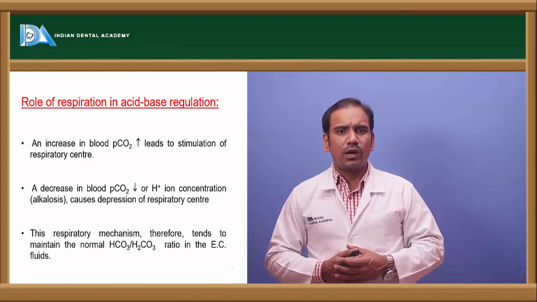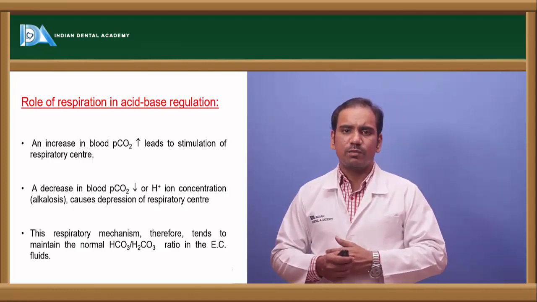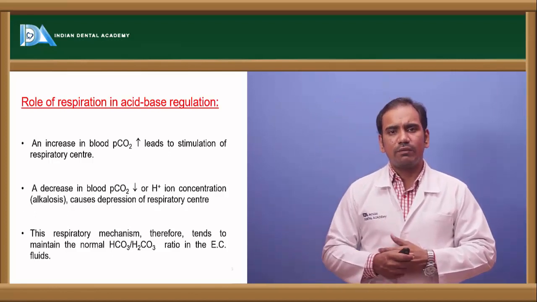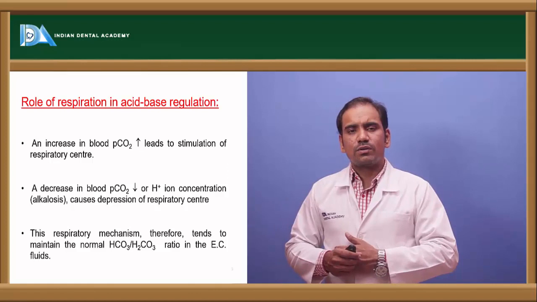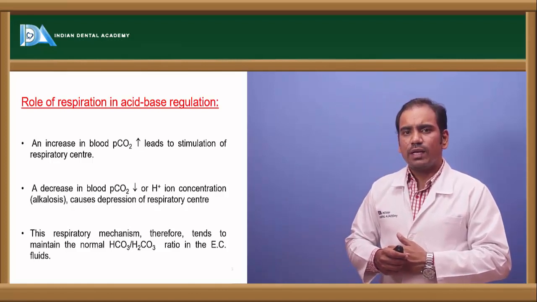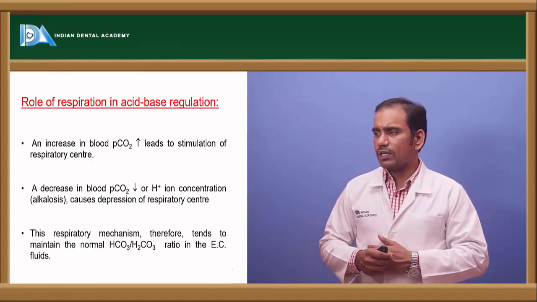Coming to the role of respiration. We have discussed the first line of defense, that is buffers. The second line of defense is respiration. Respiration is also responsible for the regulation of acid-base balance. So what is the role of respiration in this regulation?